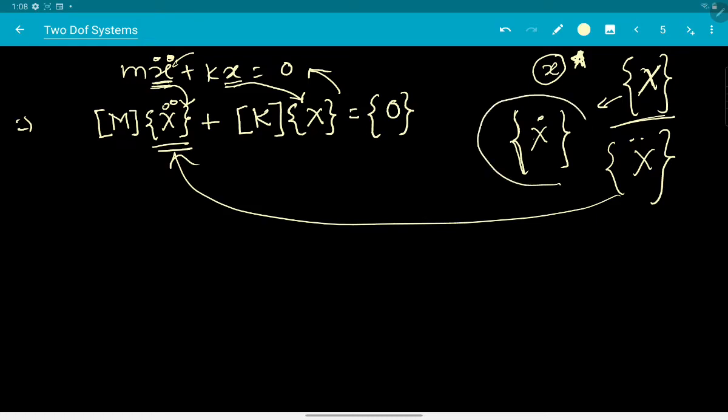The velocity vector would also have taken part if any damping had been included, but we don't have any damping force included. That's why only the acceleration vector takes part in the differential equation together with the displacement vector. The matrix pre-multiplying the displacement vector is the stiffness matrix, and the matrix pre-multiplying the acceleration vector is the mass matrix.